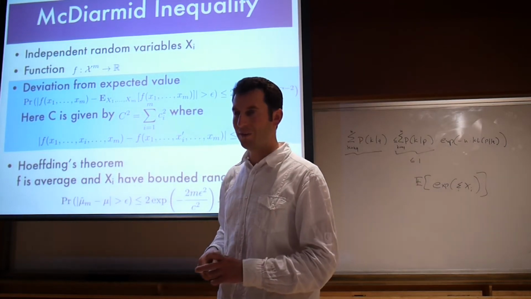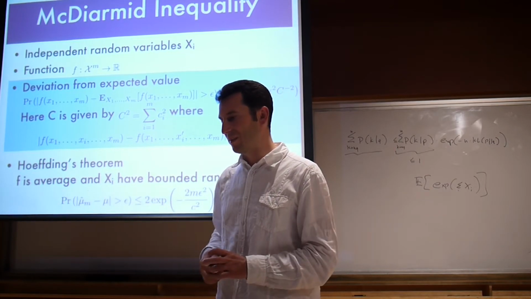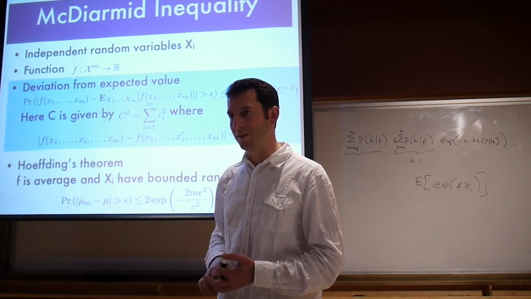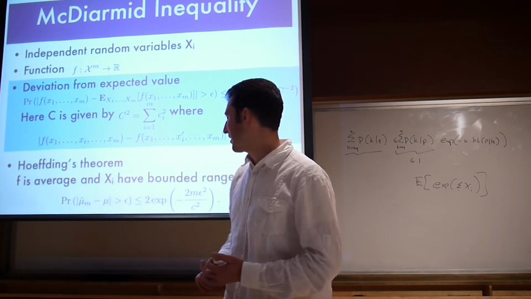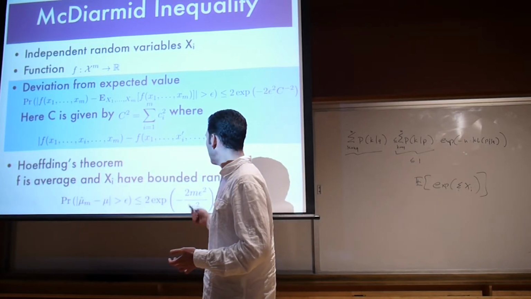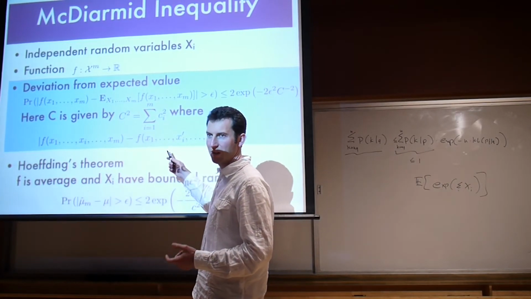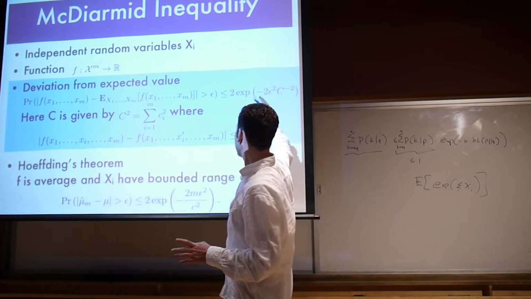So for instance, if the xi's are drawn from the reals, and this is a simple average, then this inequality doesn't work. That's exactly why, for instance, for Hoeffding, you need an upper and a lower bound on these random variables, and then it's the size of the interval that calibrates the tightness of this bound.